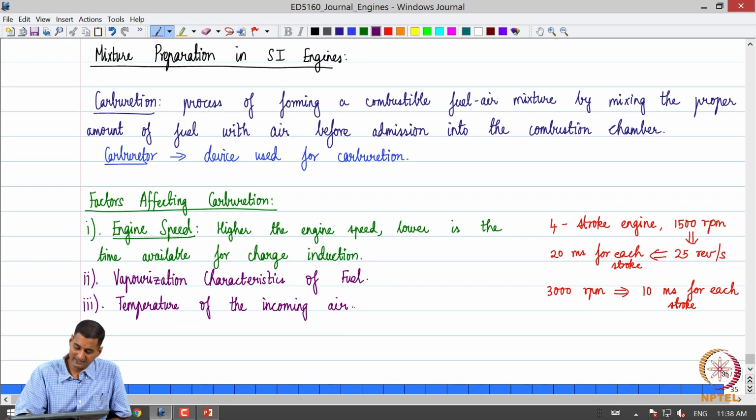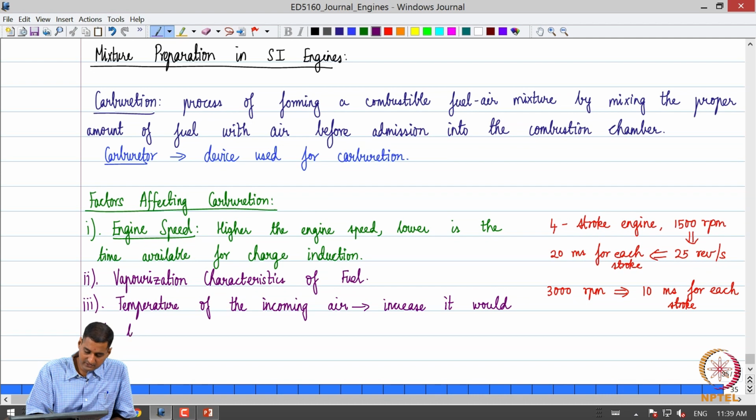So, if you look at the temperature of incoming air, increasing it would lead to better or improved vaporization and mixing.